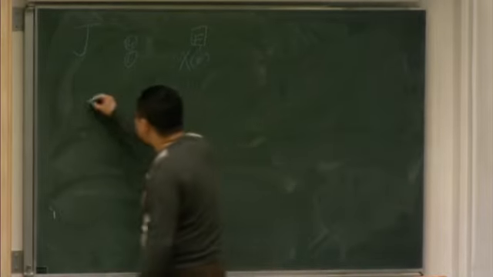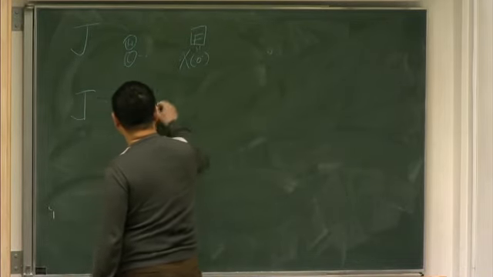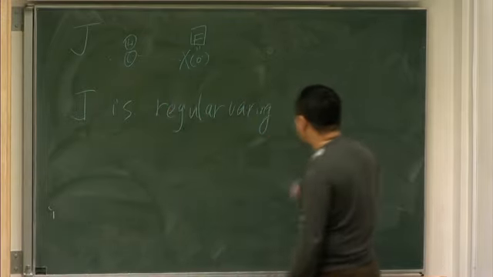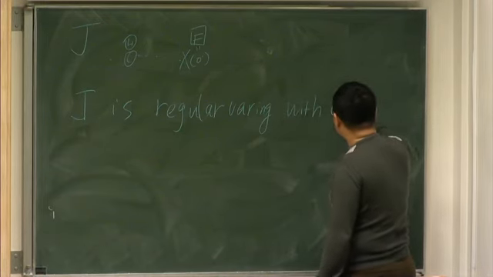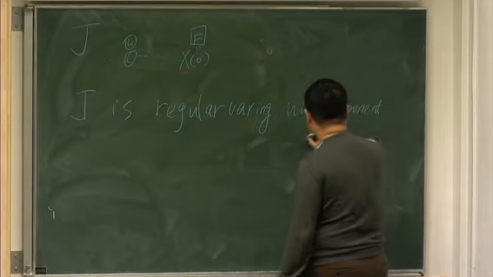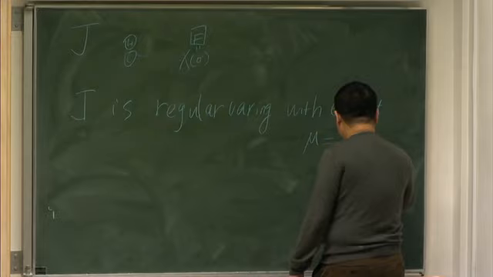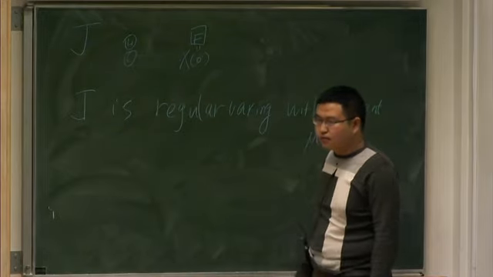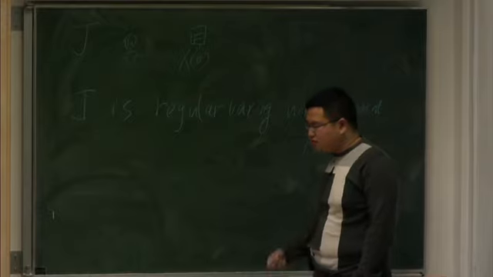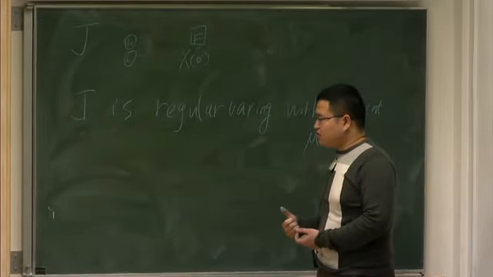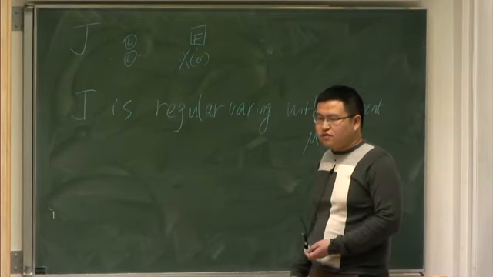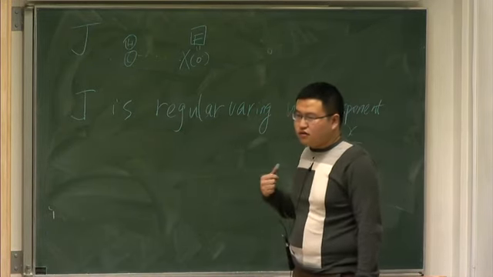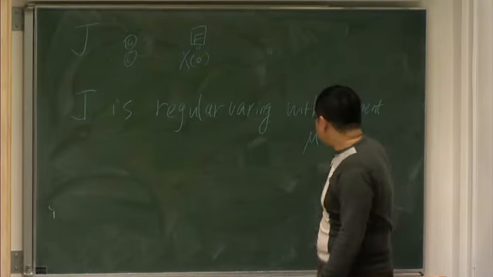We show that J is regularly varying with exponent kappa over 8. If you are familiar with Levy processes and stable laws, you can see that this is also equivalent to saying that J is in the attractable domain of a stable law.